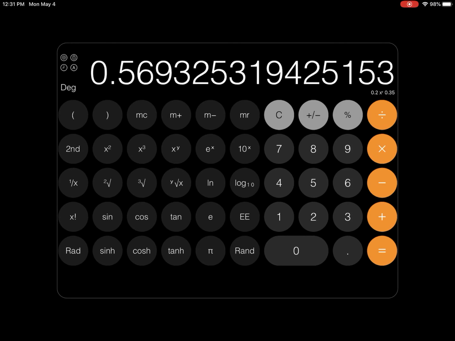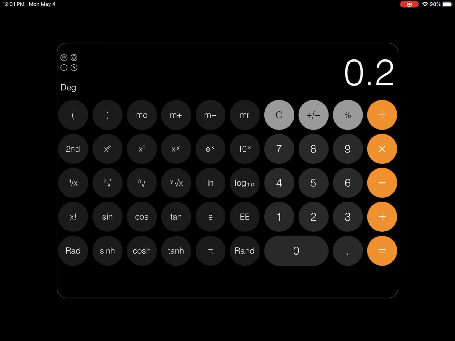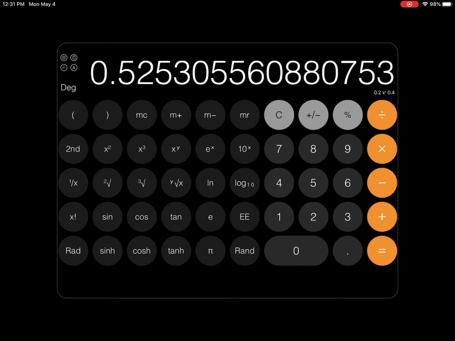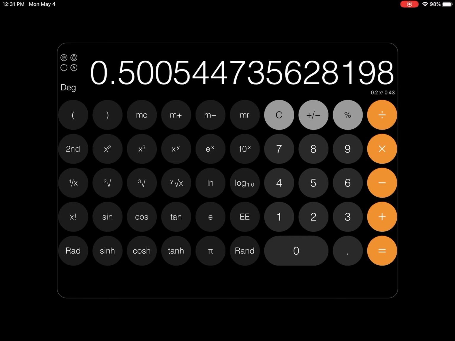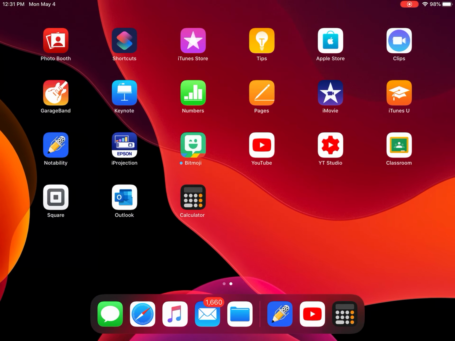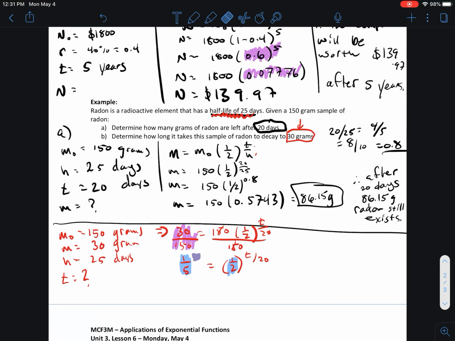Too big. 0.2 to the exponent, what about 0.35? Closer. Let's just try one more. 0.2 to the exponent 0.4. Wow, getting real close now. What about 0.2 to the exponent 0.43? Boom.